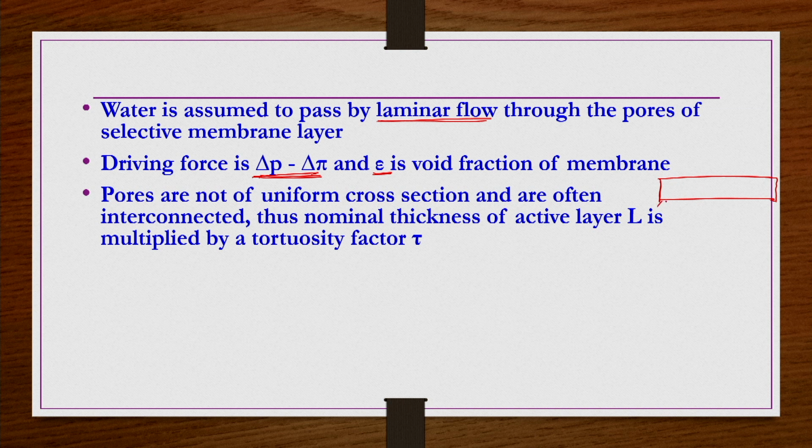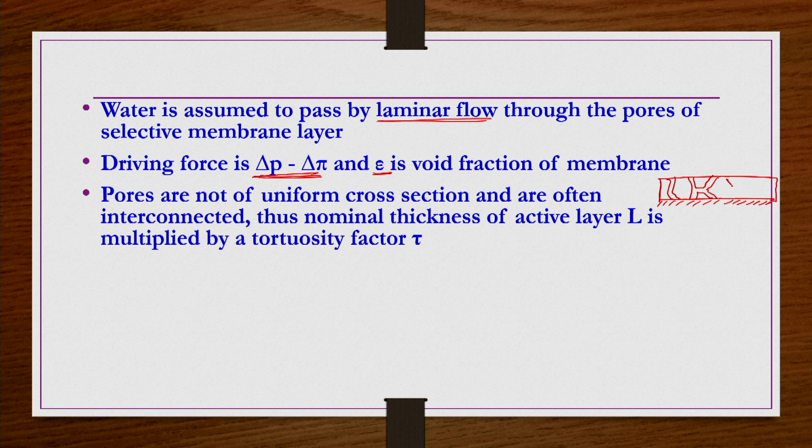This is mounted on a support, if it is a supported membrane, and this support is a macroporous material. Okay. Now, here these pores, from the membrane surface onwards, should be there. The pores are not necessarily a uniform pore structure, something like this. It is not possible.